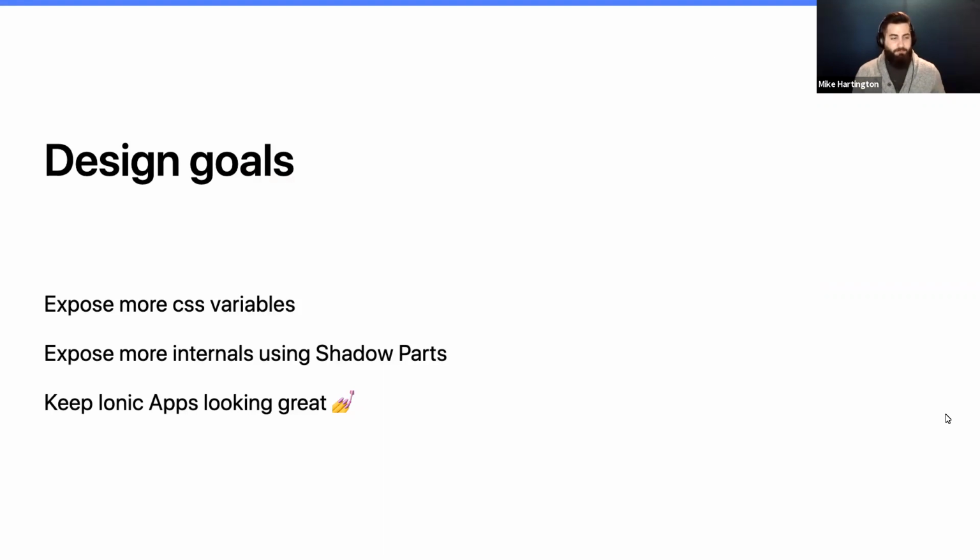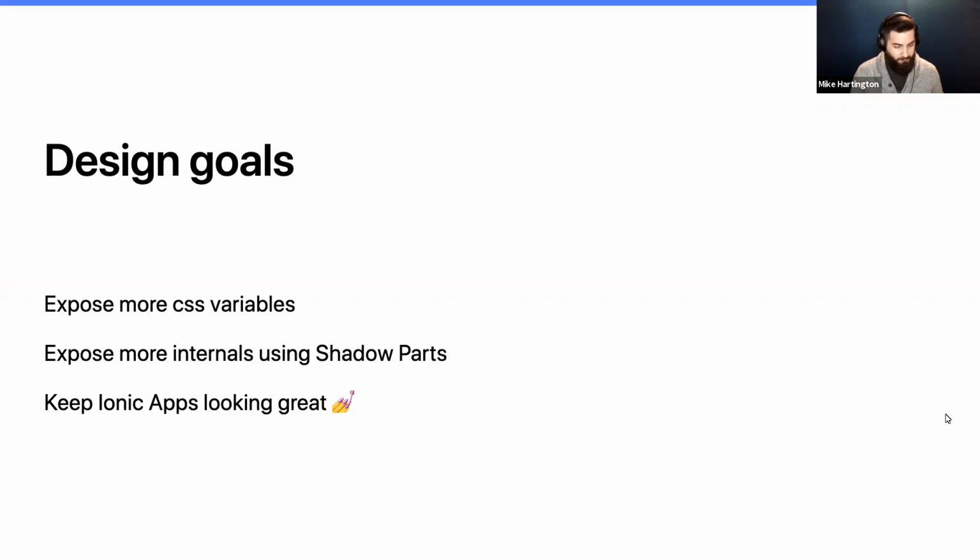So in addition to just focusing on, can we update these components to look better and look closer to their native equivalents, we took a lot of feedback from the community and figured out what can we do to better help developers as they are starting to customize these experiences and customize these components to better fit their needs. Now, a lot of this resulted in exposing more of the internals of our components through CSS variables, but then also doing investigation inside of new CSS standards, or new HTML standards, called shadow parts.